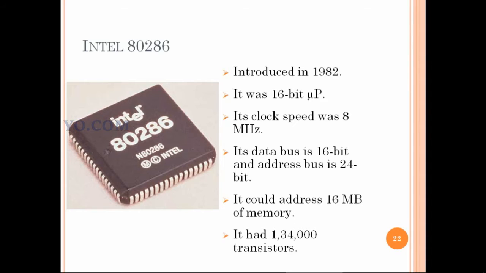But in the 8086 microprocessor, the address bus is 20-bit, while in 80286 the address bus is 24-bit. By using the 24-bit length, it can address 16 MB of memory. Another important point is that this integrated circuit has 134,000 transistors inside.